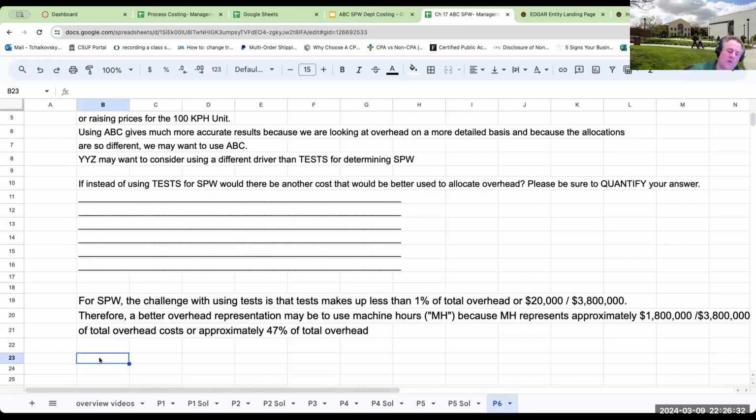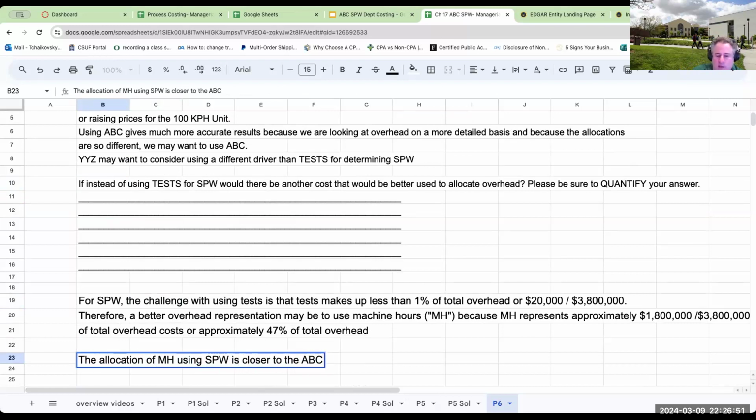But what we could also now say is that the allocation of machine hours using single plant-wide is closer to the activity-based costing allocation. Therefore, using machine hours may be better to use.